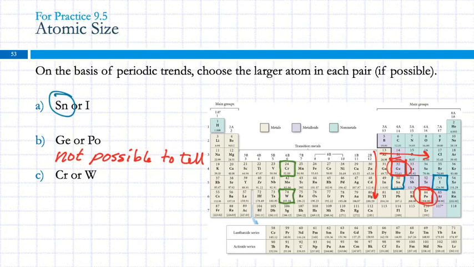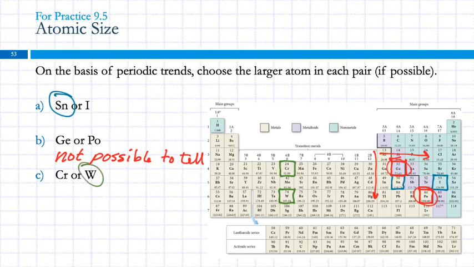If I asked you about 2 transition metals in the same period, you'd say it's not possible to tell. But these are 2 transition metals in the same group, but different periods. So which one's bigger? The one at the bottom, right? The W, tungsten. Any questions?